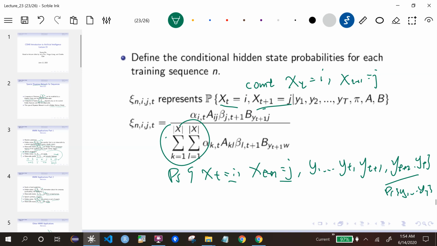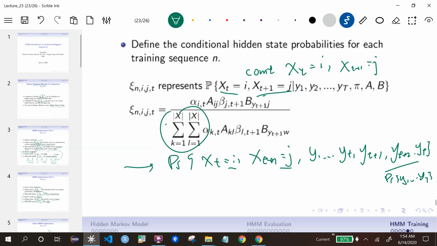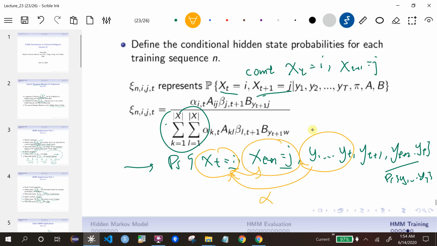And here we need to decompose these things into multiple parts. What do we know? We know the joint probability of these things combined with this. These are the alphas. And we know the transition probability, so basically the probability of getting this is just our a_ij.